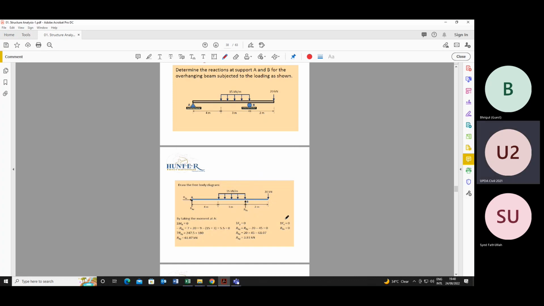If we take summation of forces acting in the x-axis as 0, we will get the value of RAX. There is no other force acting in x direction, so it will be 0. So we got all the three reactions, RAX, RAY, and RB.